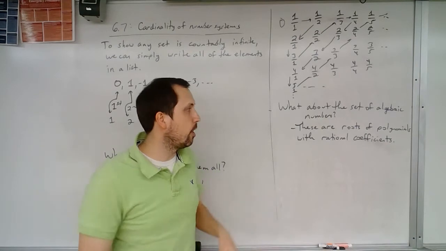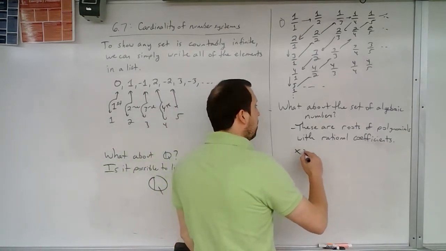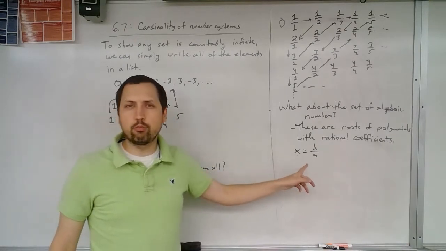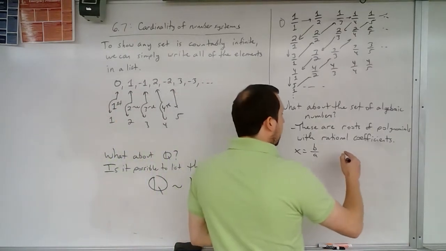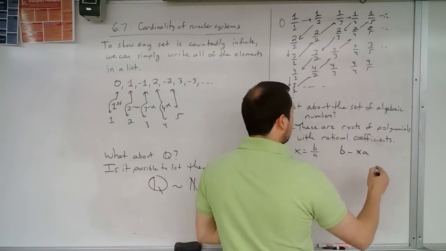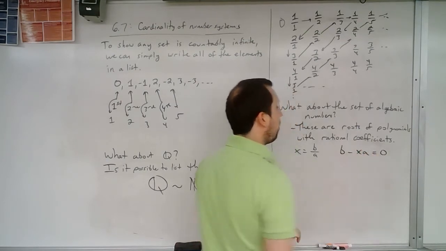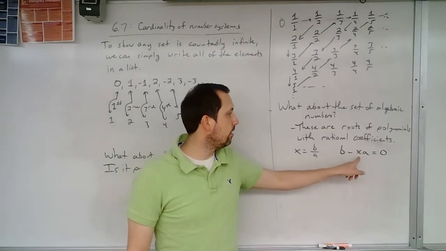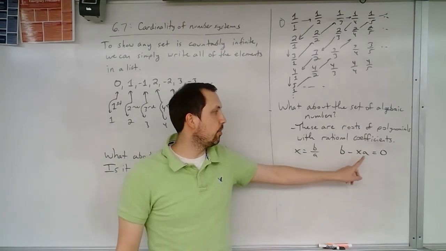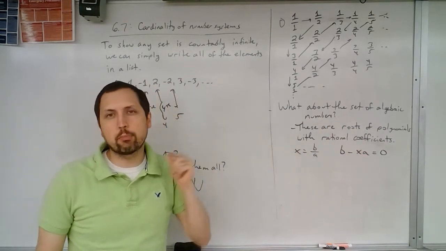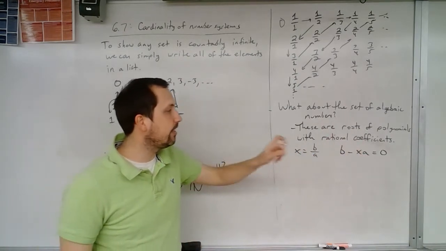For instance, if I take the number b over a, and I'm trying to figure out what polynomial this is a root of, well, this would be b minus x times a is equal to 0. Plug this in there, I'm going to get all of this equals 0. So this is a polynomial. Great, it's the root of it. Awesome. So every rational number is a root here.